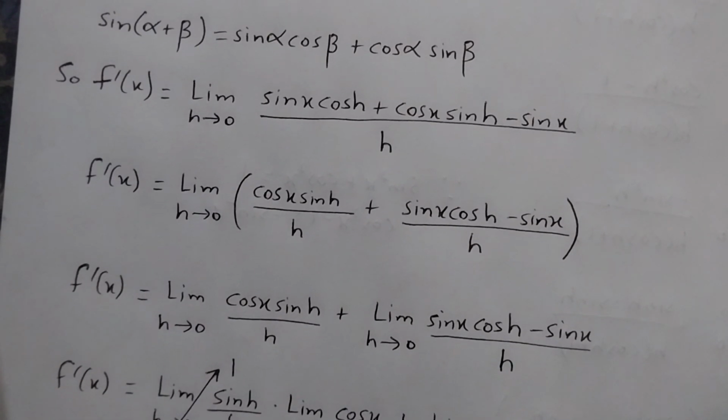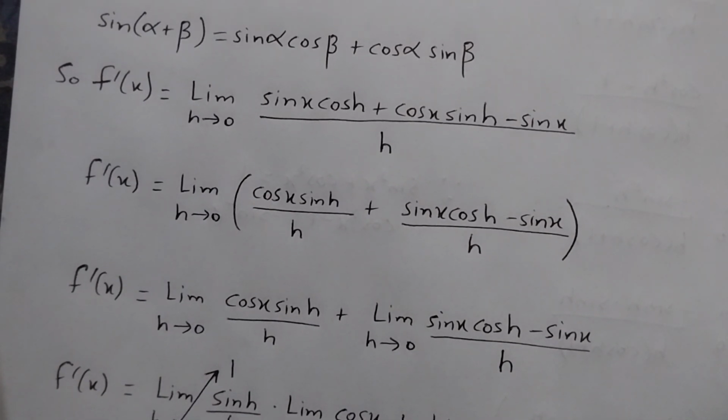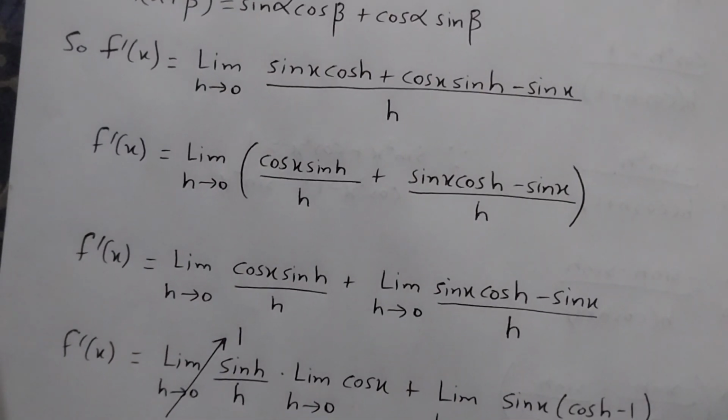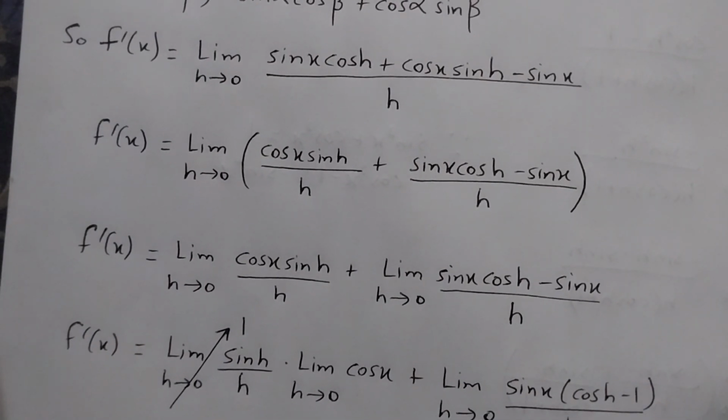So there are two terms here, cos x sin h over h plus sin x cos h minus sin x over h. So I am separating the limits on those two expressions. So this becomes limit h approaches 0 cos x sin h over h plus limit h approaches 0 sin x cos h minus sin x over h.